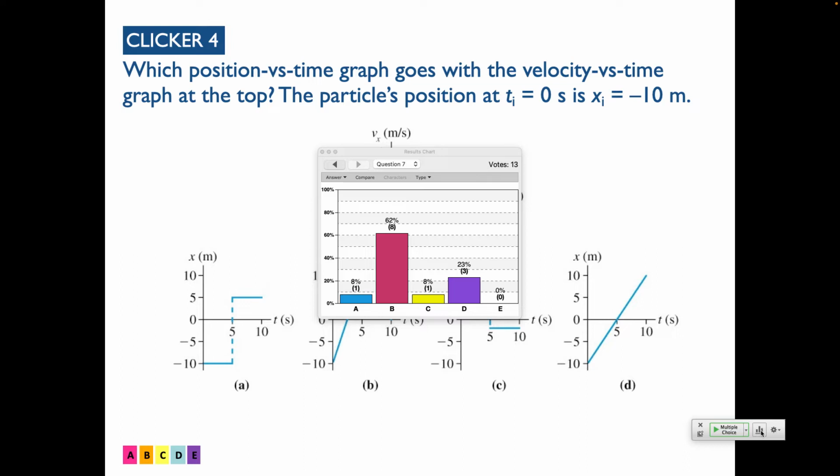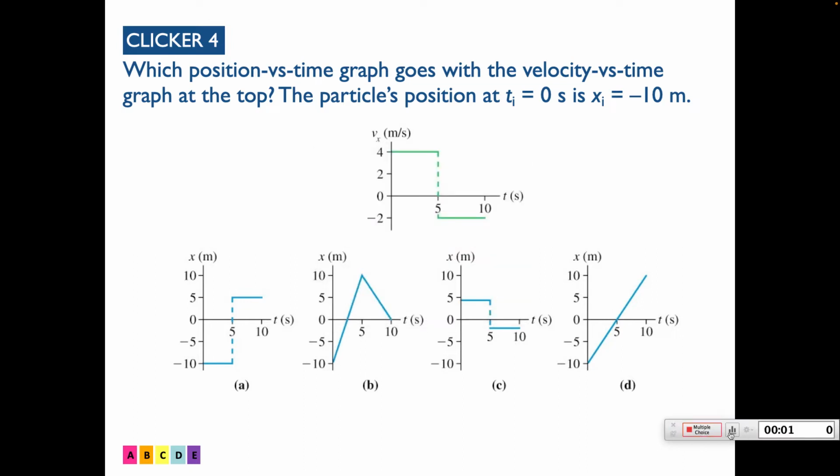All right, we're a little all over the place, but most people think B. Please discuss. We'll vote again. So it was going forward.